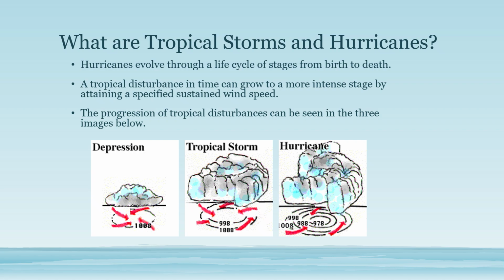Now, if it's over warm water, it's moist, warm, rising air, and heat rises, so that pressure gets lower and lower. So you can move from a depression to a tropical storm, as long as you're still over the warm water, to a hurricane.